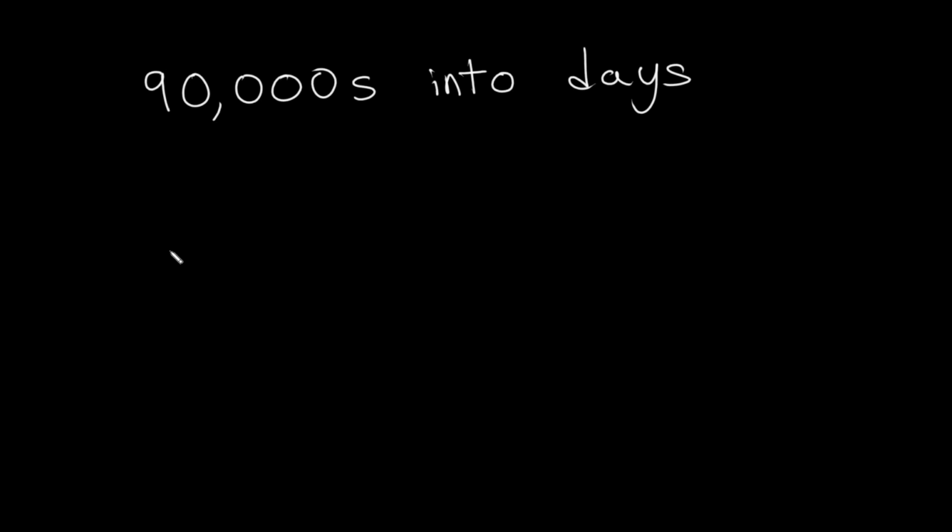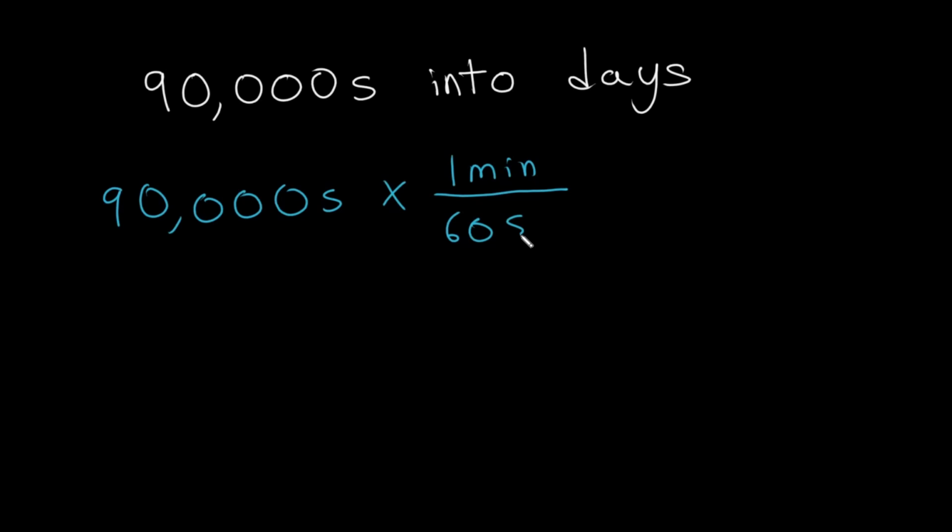So start with the 90,000 seconds, and we have to work our way up to days. So in order to cancel seconds, we can start with how many seconds are in a minute. So we know that 60 seconds is in 1 minute. I put the 60 seconds on the bottom so that it'll cancel units. So now we have minutes.